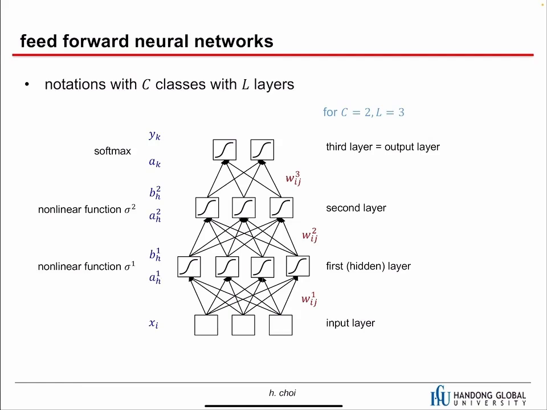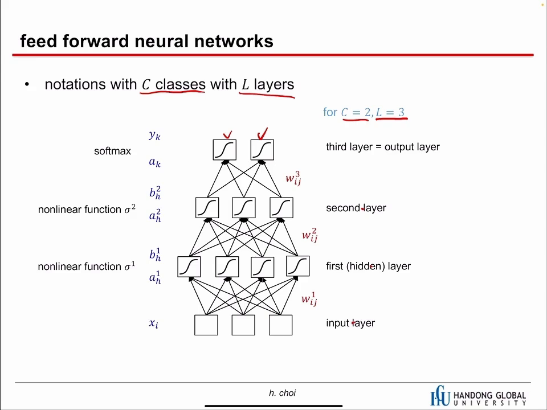We assume that we have C classes with L layers. So in this figure, we have 2 classes, which means we have 2 output nodes, and then we have 3 layers. Okay, so in this graph, we have the input layer and the first layer and the second layer and the third layer.